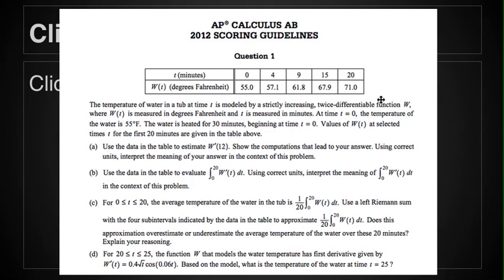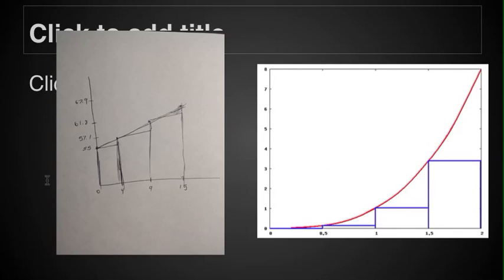And so what you do is, a left Riemann sum only cares about all of the points except the furthest right point, so we only care about the points from 0 to 15, and we do not care about t equals 20 in this problem. Okay, so what we would do is take these points 0, 55.4, 5, 57.9, 10, 61.8, 15, 67.9, and plot them on a graph.